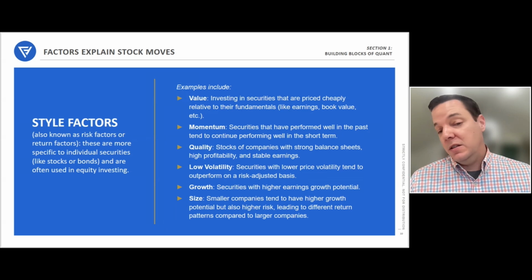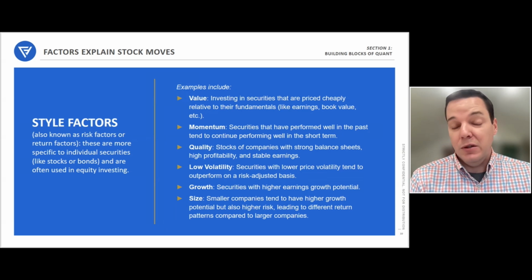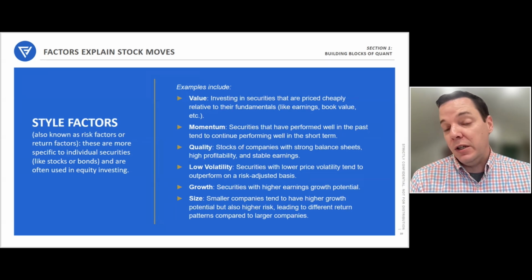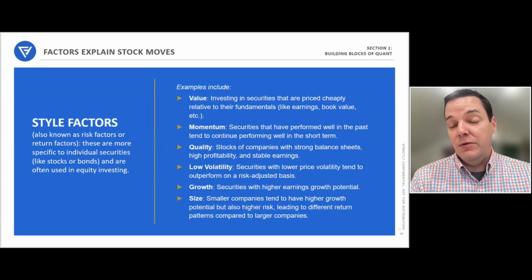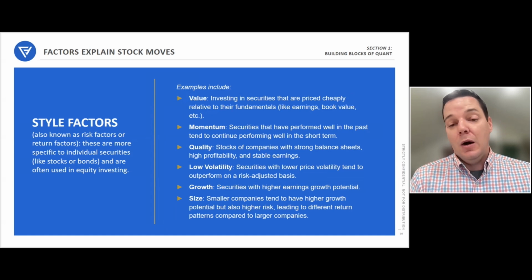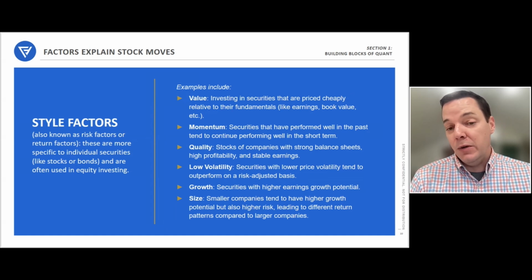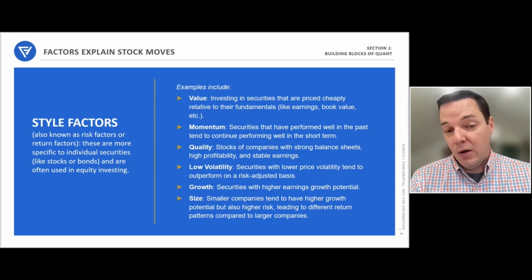With quality, this is looking at those strong balance sheets or those great income statements or cash flow statements, right? A company that has really stable earnings growth can be particularly attractive in various times of a market cycle, right? When people are afraid that we're going to enter into a recession, having stable earnings growth is something that ends up delivering a considerable amount of alpha.